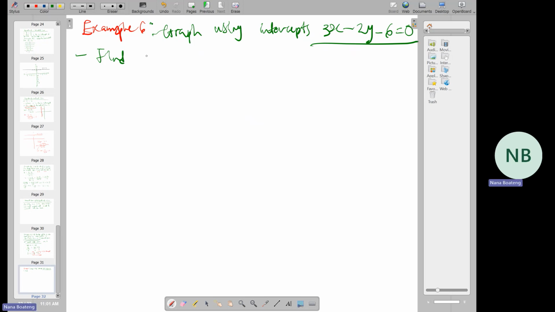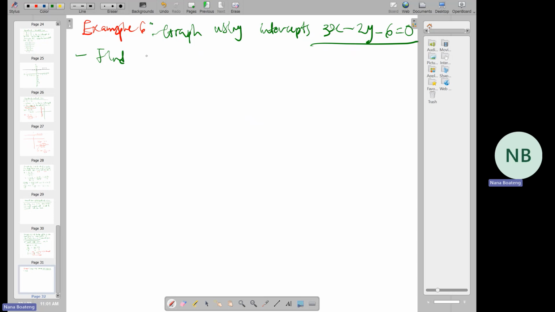Is to find the x-intercept. And to find the x-intercept, we substitute 0 for the value of y. So that will be 3x minus 2 times 0 minus 6 is equal to 0, which implies 3x, if we add 6 on both sides, 3x is equal to 6, and we divide both sides by 3.